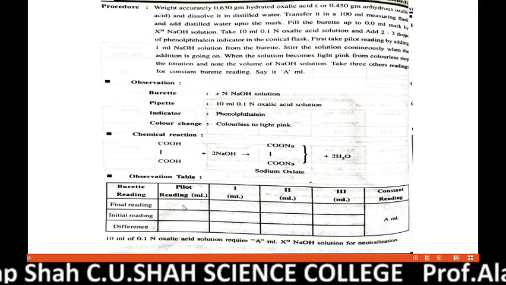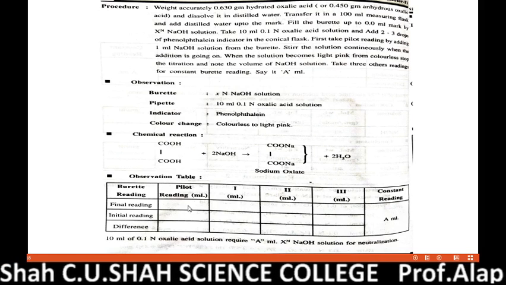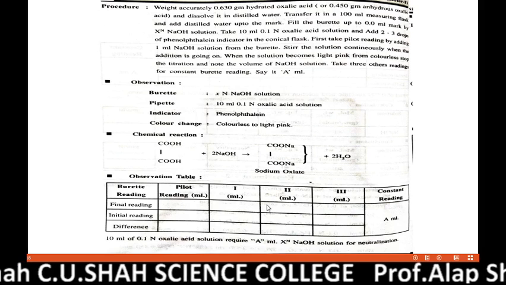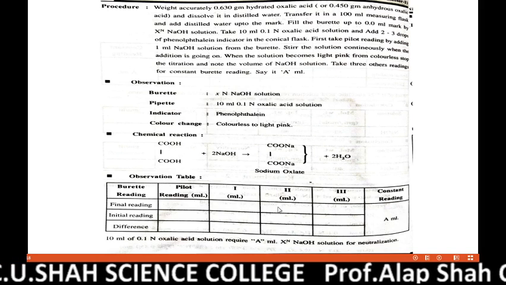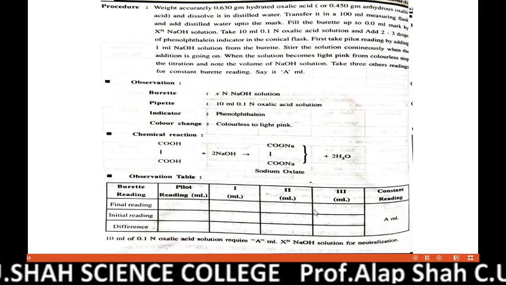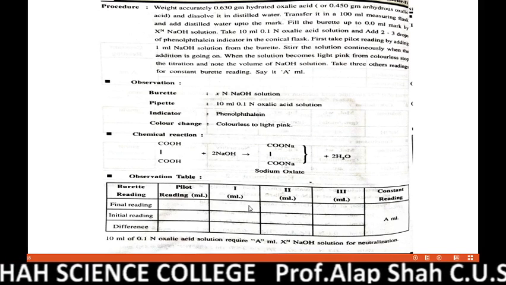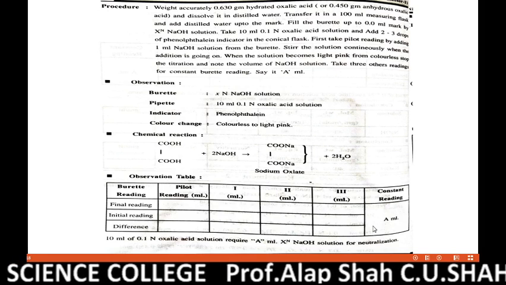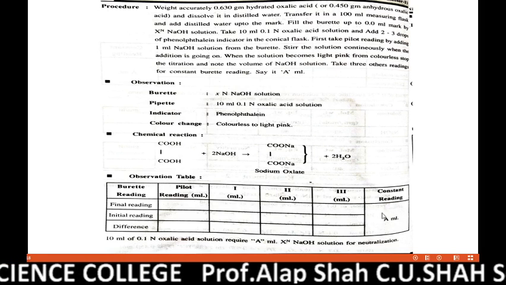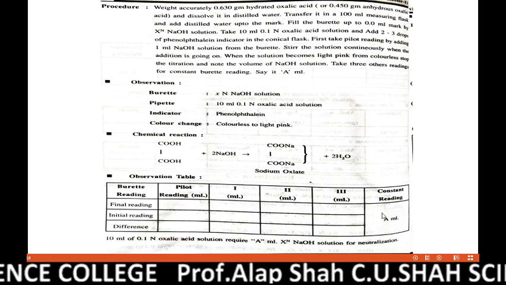We write the pilot reading here, and we take 2 or 3 readings. If both readings are the same, then without measuring further you can write it here, but if there is a change in the first 2 readings, then you should take a third reading. Then we report the constant reading, that is our burette reading V2.